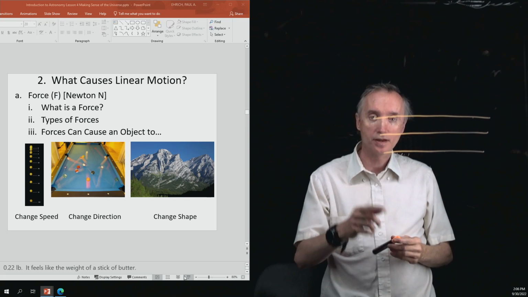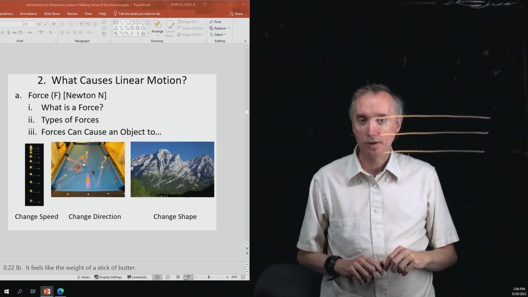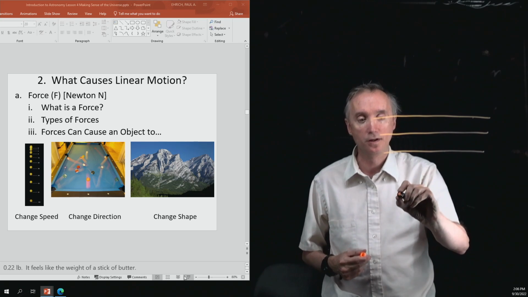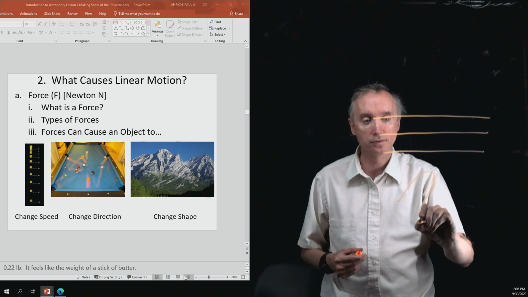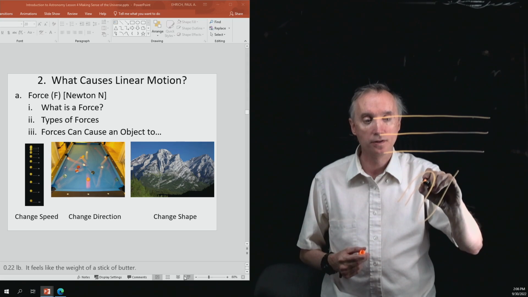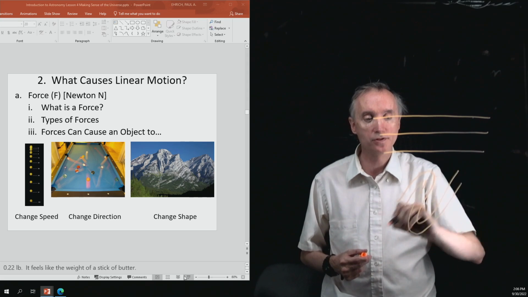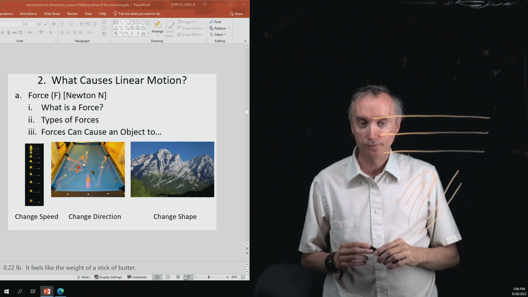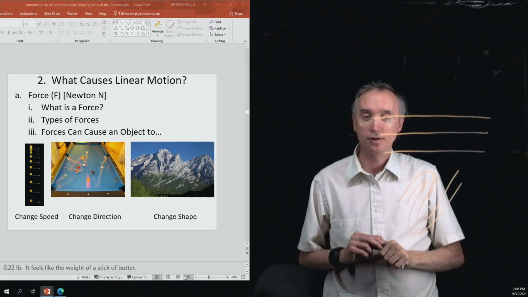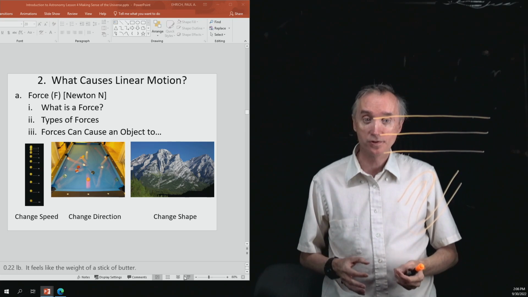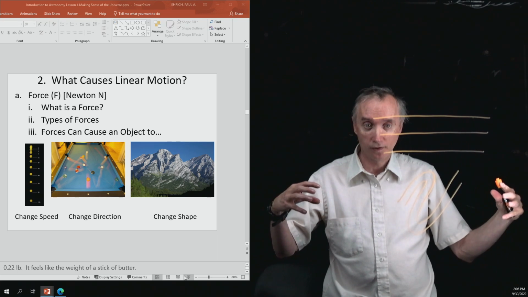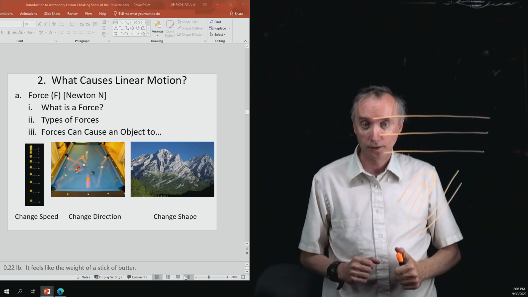Well, now take a look at that picture there. That's a picture of some mountains, and if you look closely at the mountains, they're doing something like this. Do you see how the layers of limestone have been kind of folded like an accordion? Imagine the amount of force that it must have taken to take those layers of limestone and fold them like that.